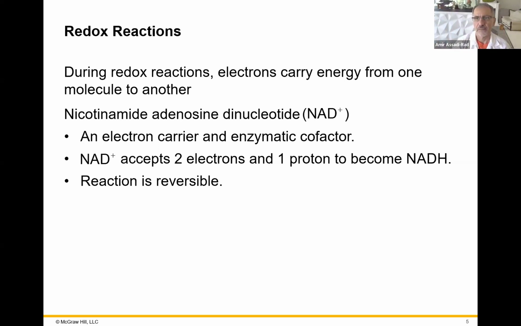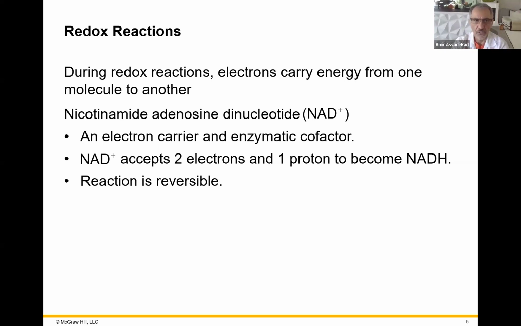It is breaking. I hope you've seen some rust on something. So the glucose molecule gets oxidized and breaks. When it's breaking, it gives off its electrons to whom? Right there, NAD.